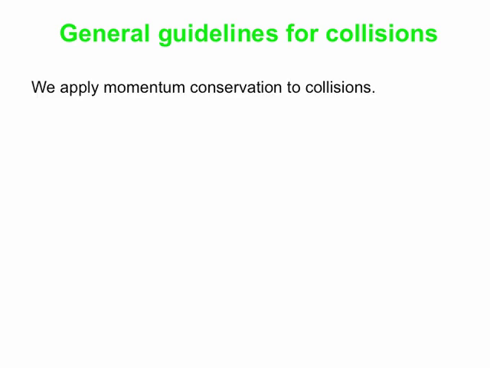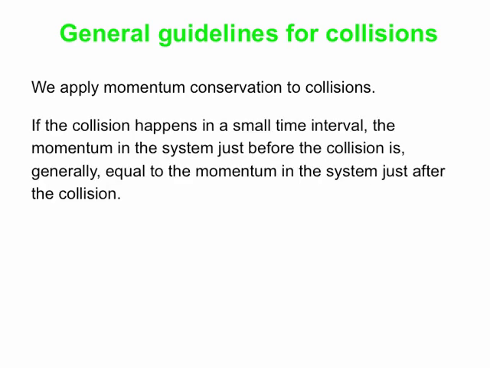So let's talk about some general guidelines for how we analyze collisions. First of all, whenever you see a collision, the first thing you want to think about is applying momentum conservation to this scenario. Generally, collisions happen in a very small time interval. So even if there is a net external force, that net external force does not have much time over which to change the system's momentum.